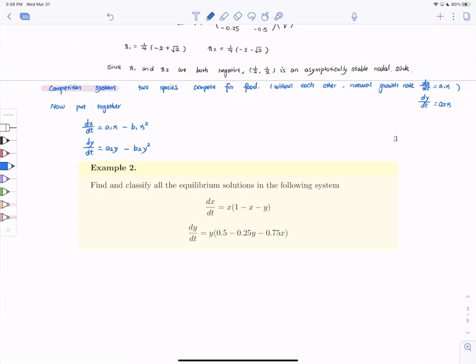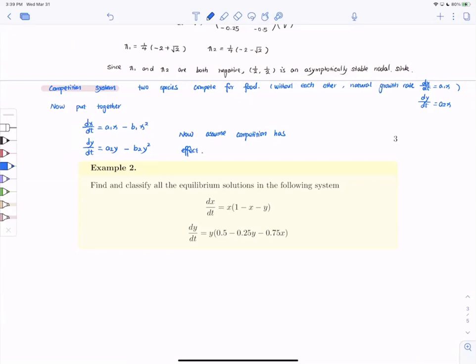Now let's add some effect. Before, it was a really simple model, and now we add another factor to make it slightly more complicated.